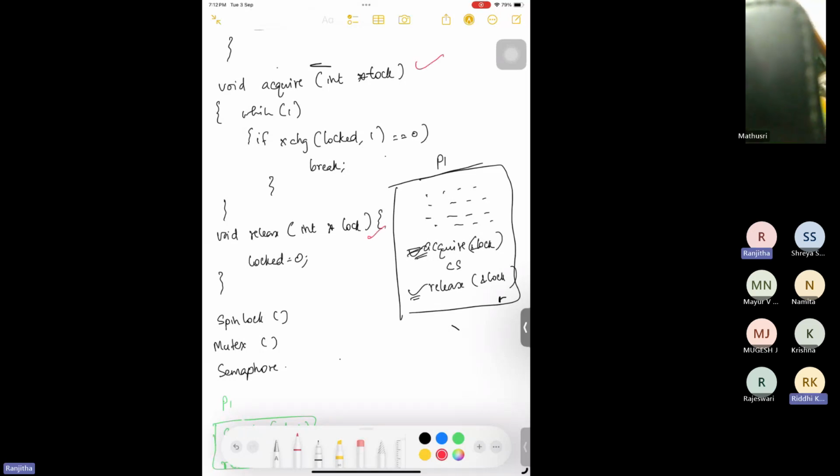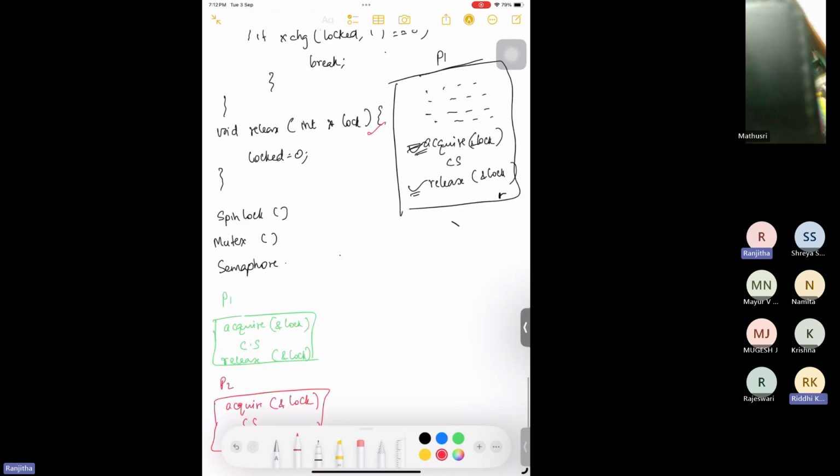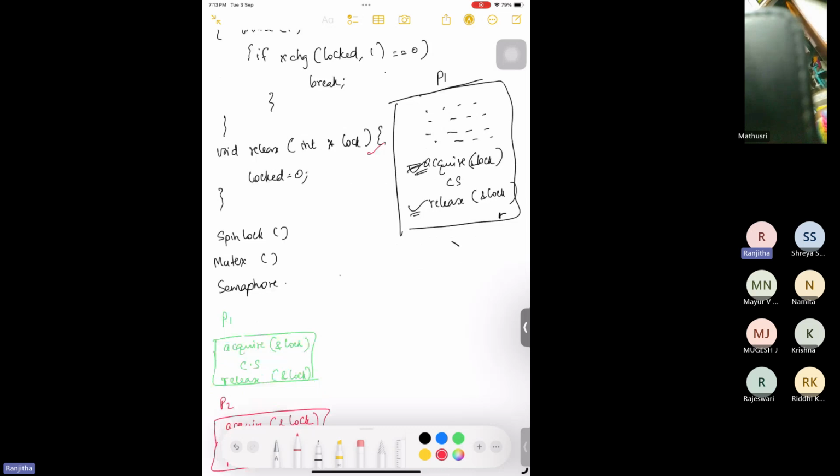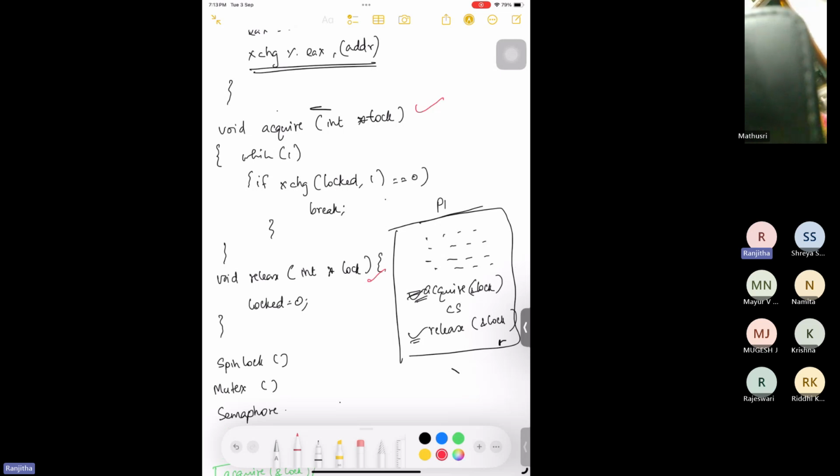So this is how spin lock works. One disadvantage or difficulty with spin lock is that there is a constant while loop wherein we check the current value of lock. So it's like while one.